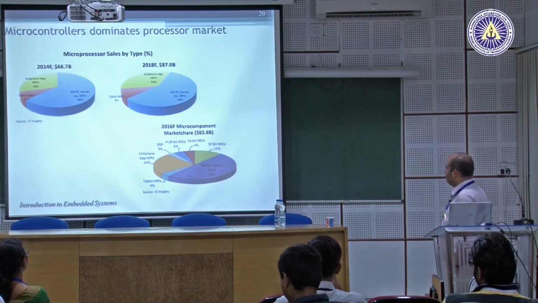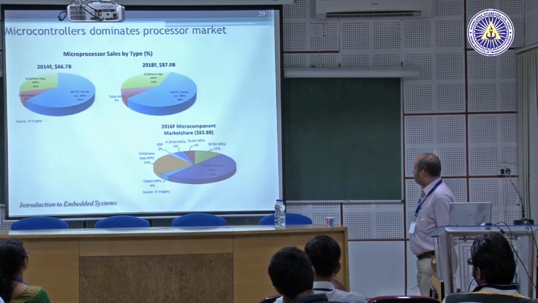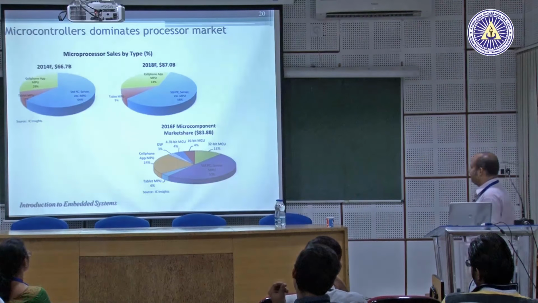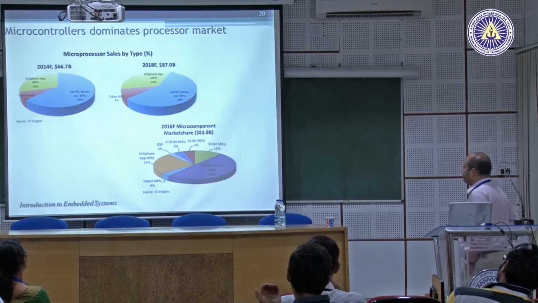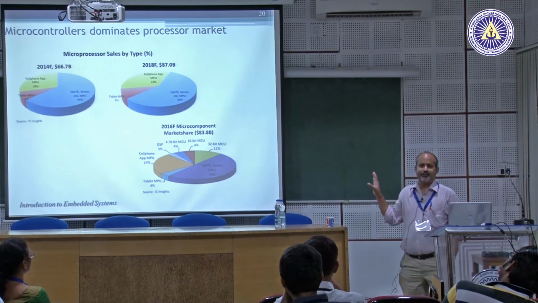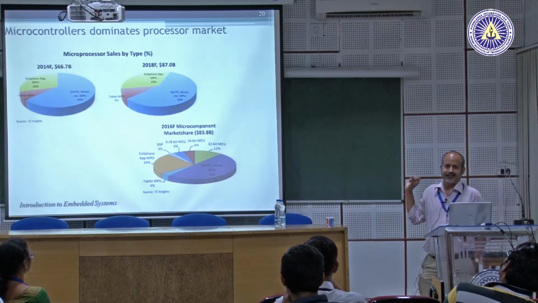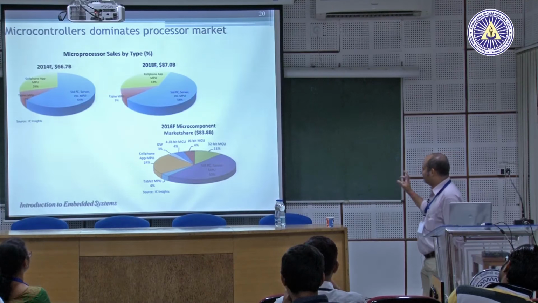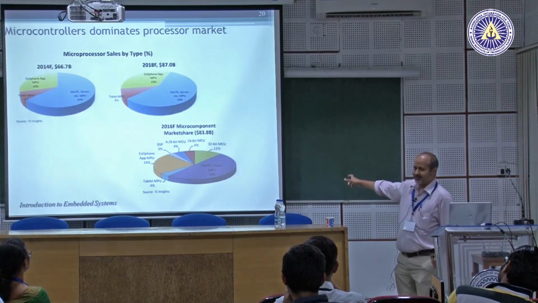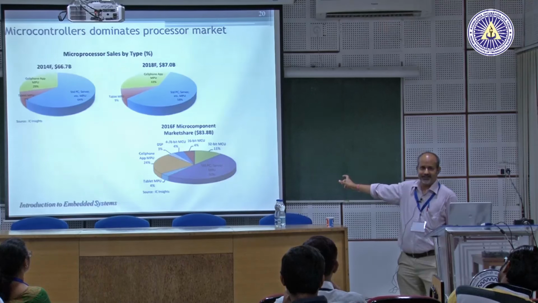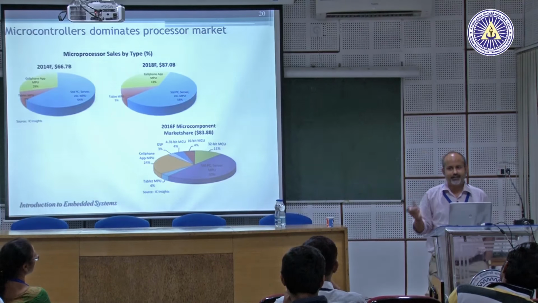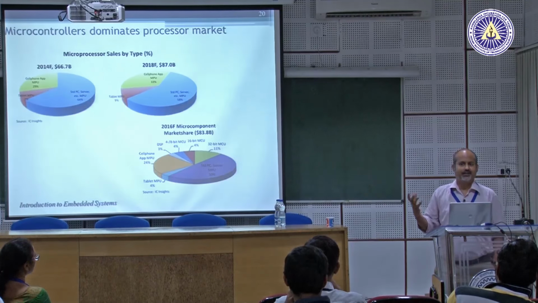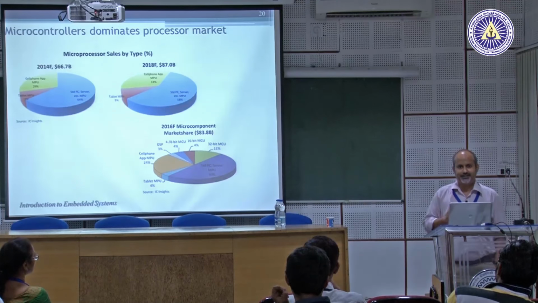Now if you look at this one, when you bring in all those other things, we see 50%. Now this is not in numbers, this is in dollar price. The numbers will be much less for this 50%, because each processor that goes into a server, an Intel or AMD processor, is $600,000, right, each.